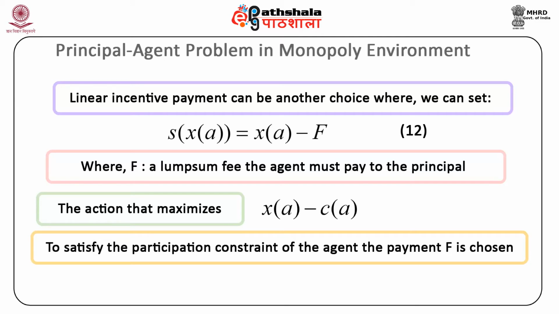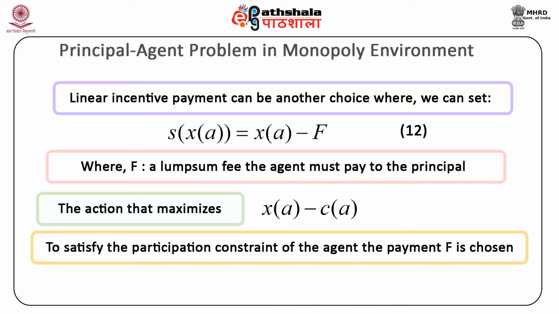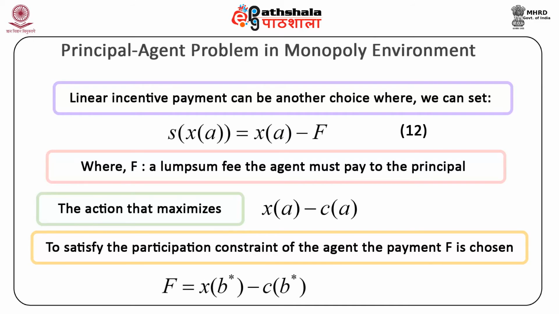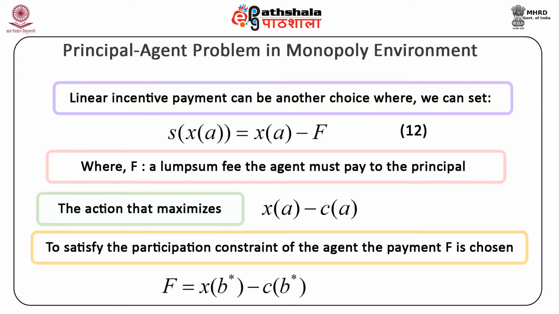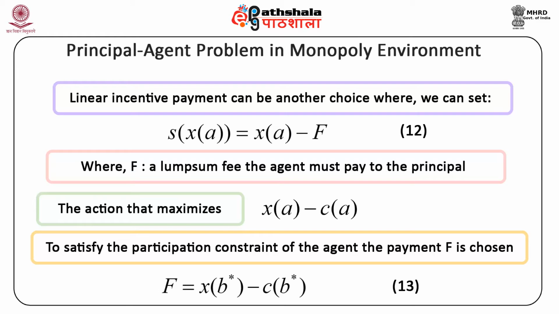In order to satisfy the participation constraint of the agent, the payment capital F is chosen. This can be formulated as capital F equals X(B star) minus C(B star). This is given as condition 13.